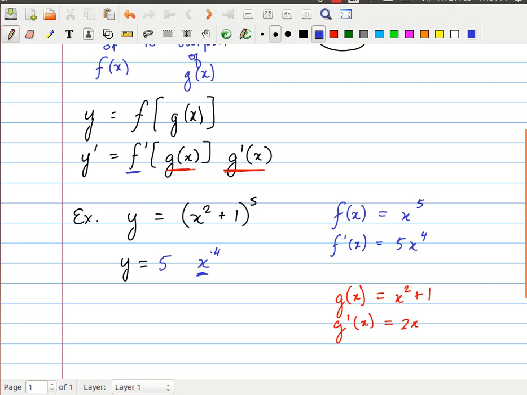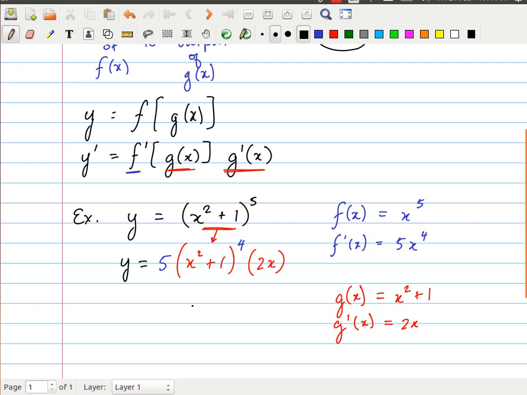So instead of writing x to the power 4, I have to write g of x to the power 4, which is x squared plus 1 all to the power 4. So here is f prime, 5 times this bracket to the power 4. That's my f prime. And then inside that bracket, I put my g of x. I put back the original function. So that just goes right back into the same bracket. And then outside of the bracket, I take the derivative of g of x, which in this case was 2x.